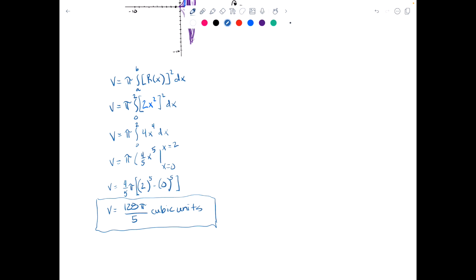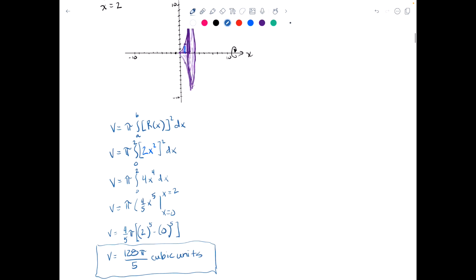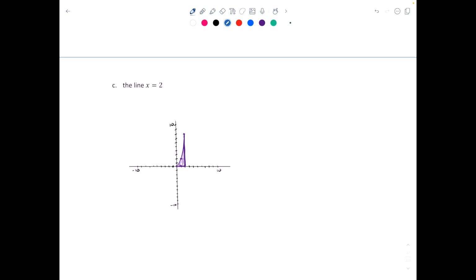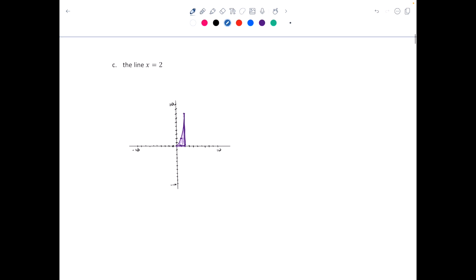Now, let's see what our next shape looks like. All right. So our next, the basis is the same, but now we're rotating this one about the line x equals 2. So the r of x is going to be a little bit tricky, right? So here is our axis of revolution.